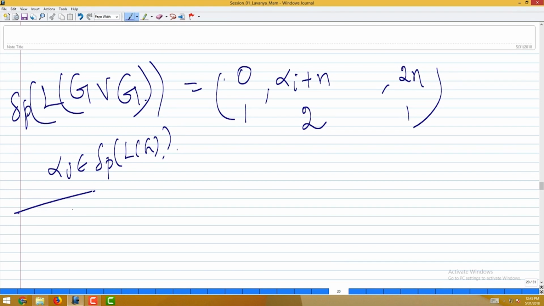Another exercise. Suppose I have the graph G and I know the Laplacian of G. What can we say about the Laplacian of G complement?